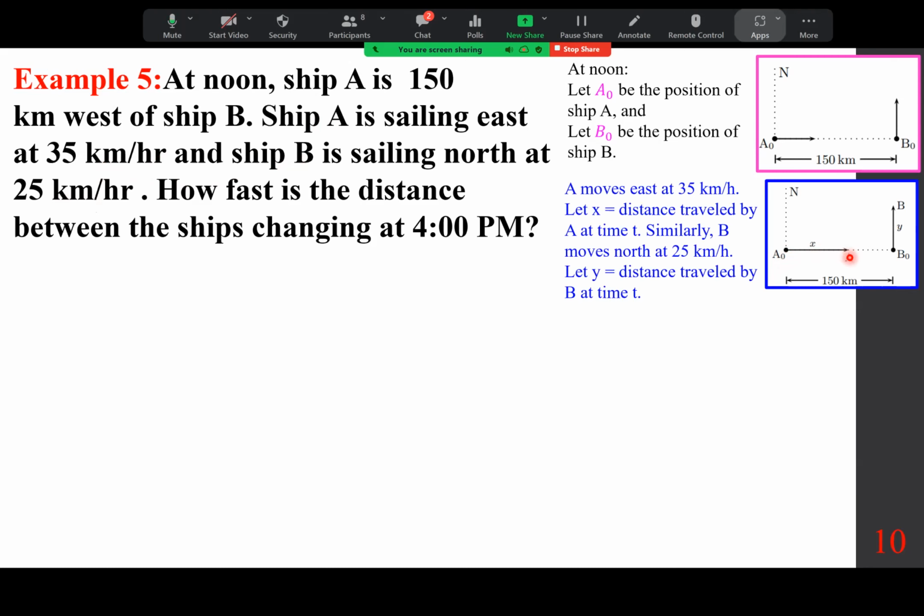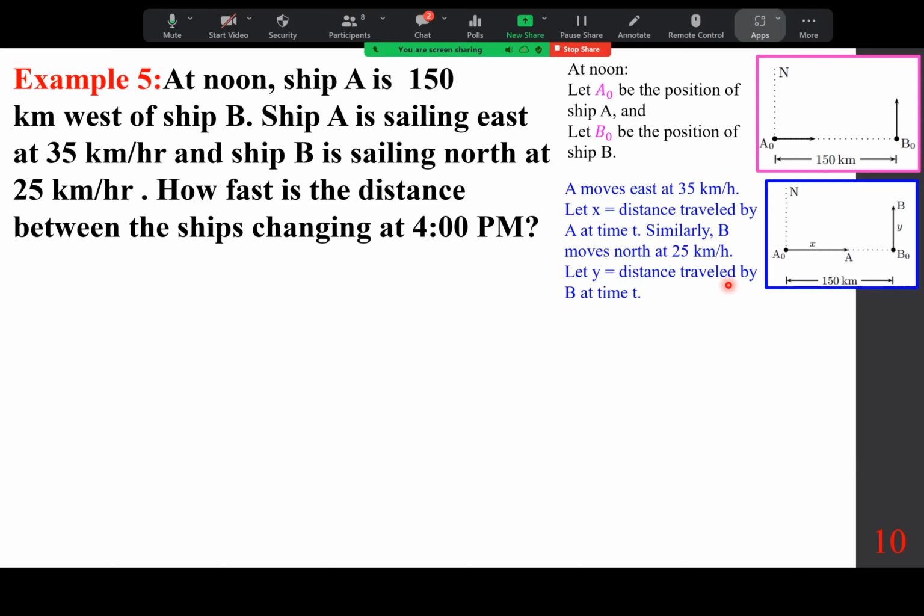That's the A ship, it's moving, and that's the B ship, it's moving up. A moves east at 35 kilometers per hour, and we let x be the distance that it has moved. B moves north at 25 kilometers per hour, and we let y represent the distance at any moment, at any time t.